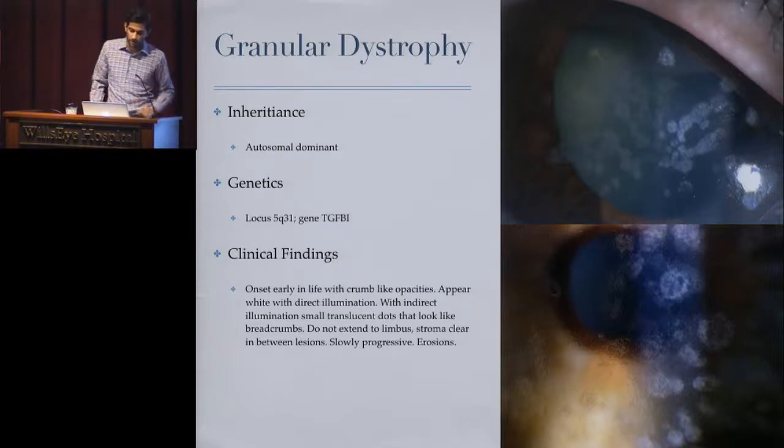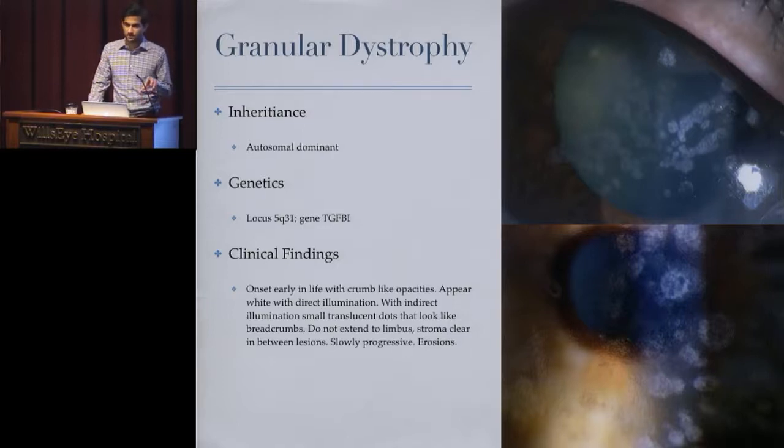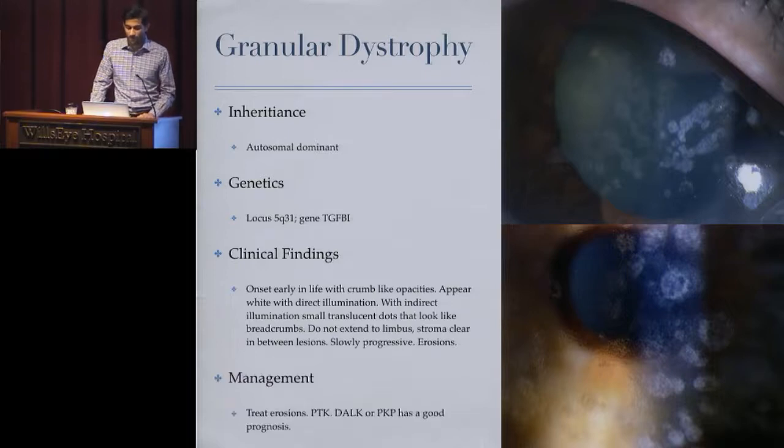And in granular, the cornea and the stroma is clear in between these little crumb-like opacities, and there's other dystrophies where that's different. So very distinct crumb-like lesions. In between the lesions, it's clear. It slowly gets worse over the course of time, just like any dystrophy does. And the biggest issue with these are the erosions.